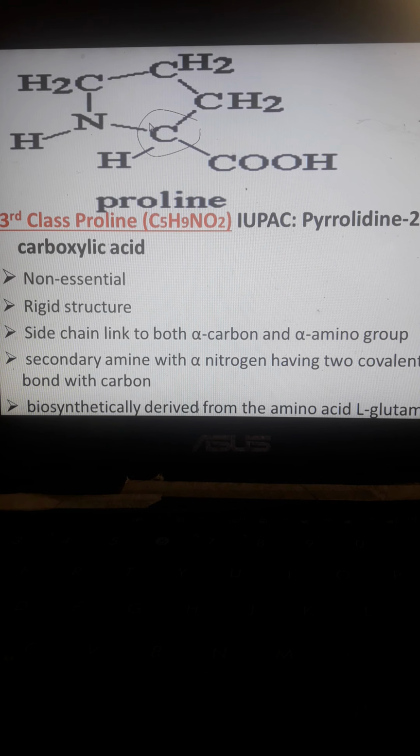It belongs to the cyclic, rigid type. The side chain is linked to the alpha amino group, between the alpha carbon and the alpha amino, so from NH2, this is the linkage between the two. A secondary amine, with nitrogen having 2 covalent bonds with carbon atoms. Here are the 2 covalent bonds. Biosynthetically derived from an amino acid like glutamate.